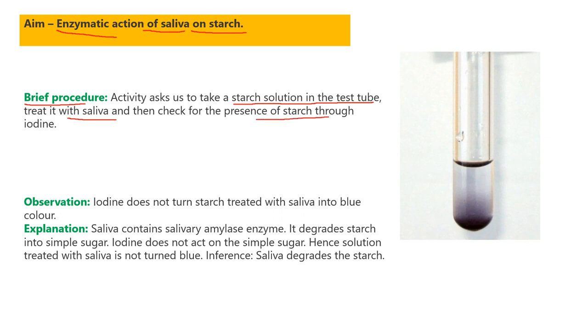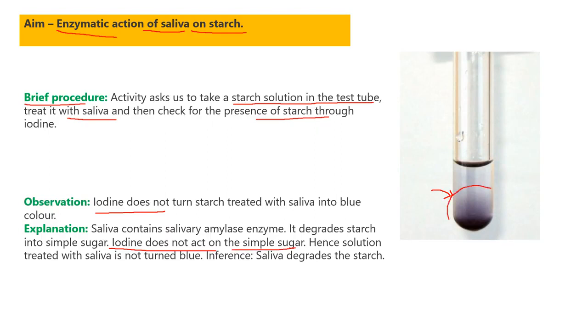a sugar, right? But the thing is, when I put iodine solution, I won't be able to see any kind of change, because my iodine solution won't react with the simple sugar, right? So that is why there won't be any change in the color.